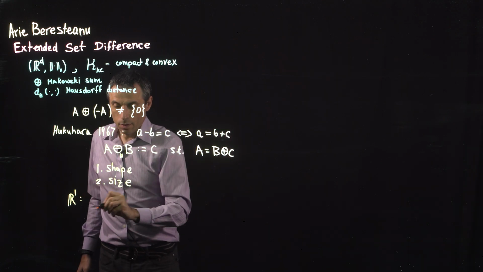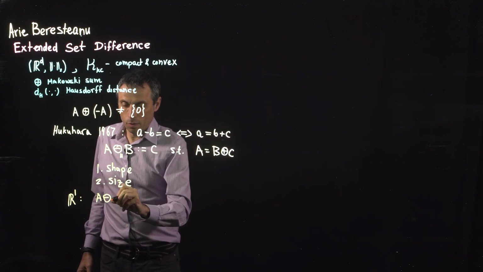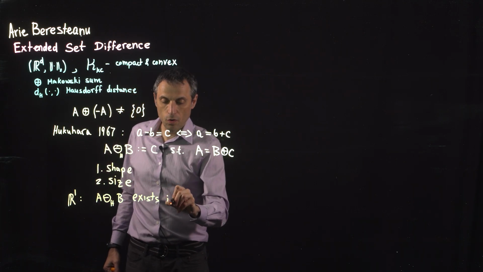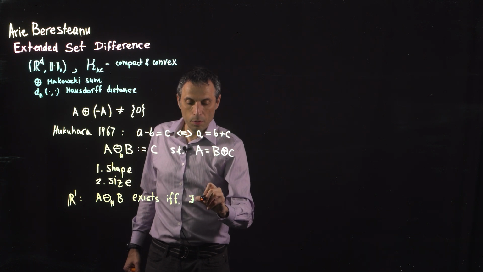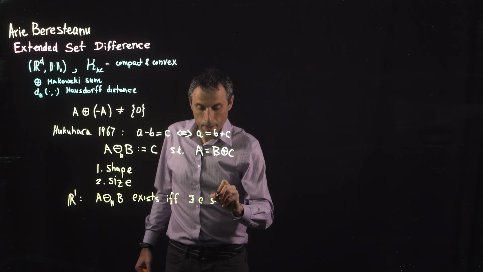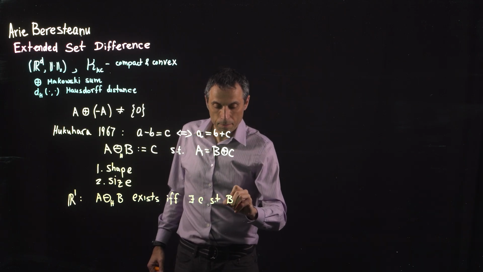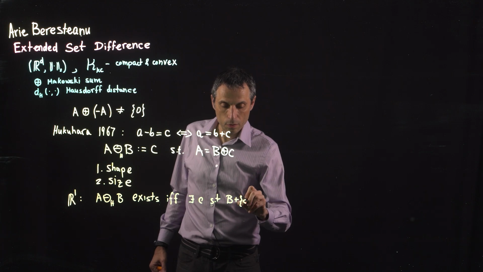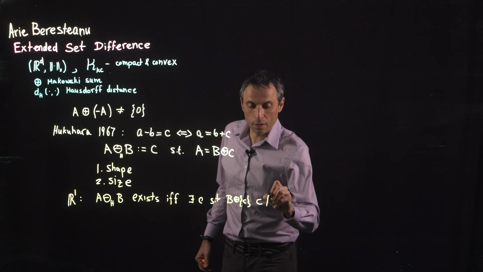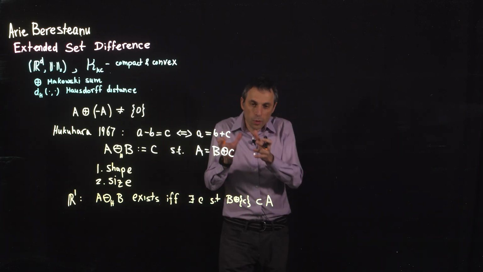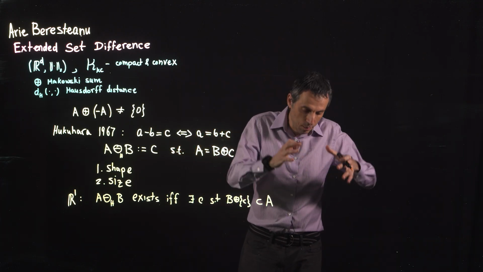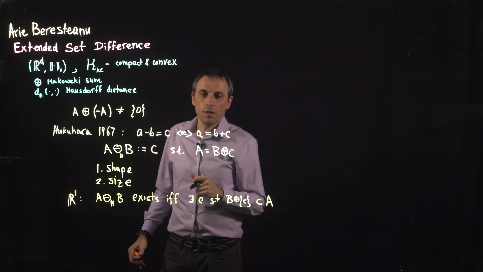In R1, A Okuhara minus B exists if and only if there exists a number C, or a vector C, a number in R, such that if you add this number, turned into a set, to B via Minkowski sum, it will be included inside A. If we can shift B, left or right, doesn't matter, such that it will be included in A, then the Okuhara difference is defined.